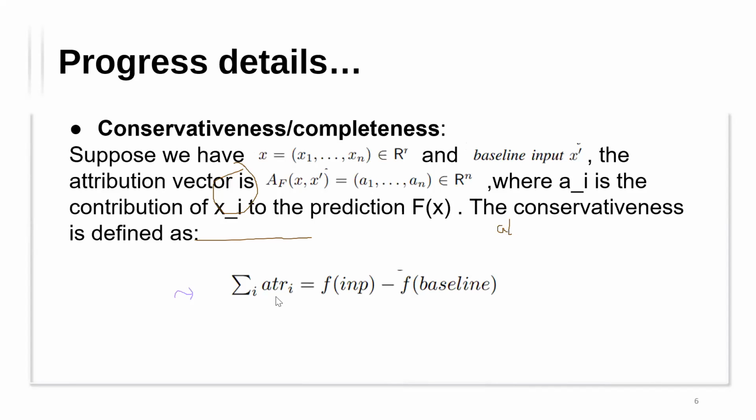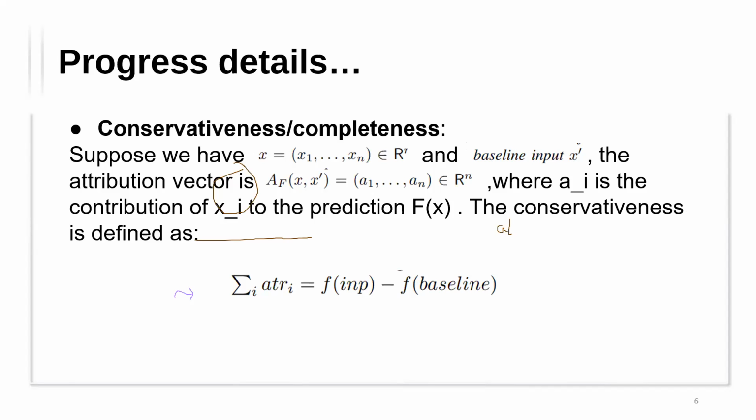The attribution, because we are talking about attribution methods. For example, we wanted to know the attribution of xi to the output. Each attribution method will give us an attribution value.